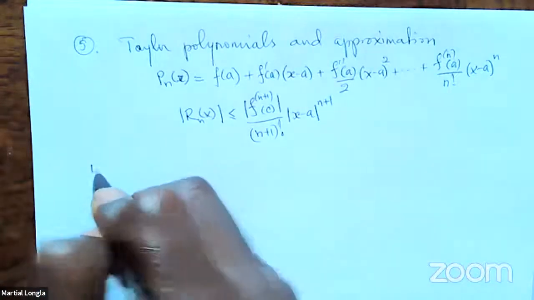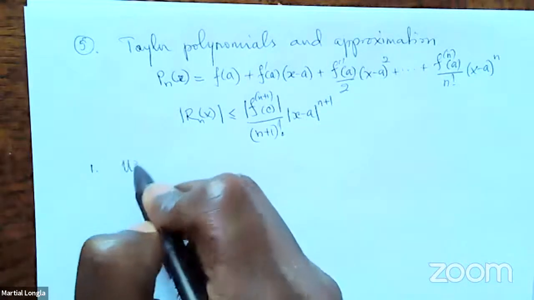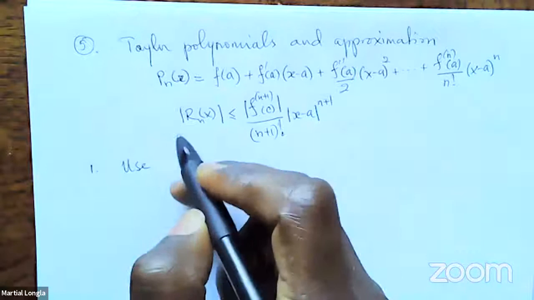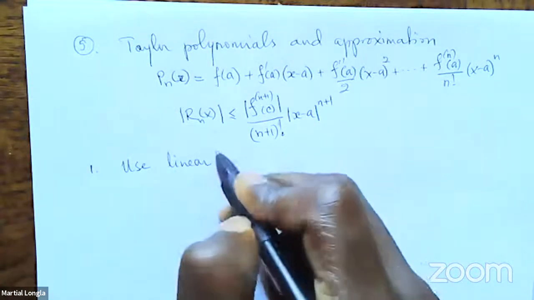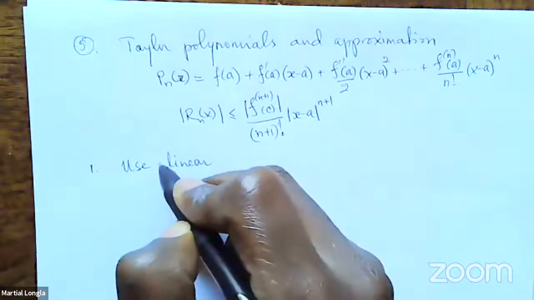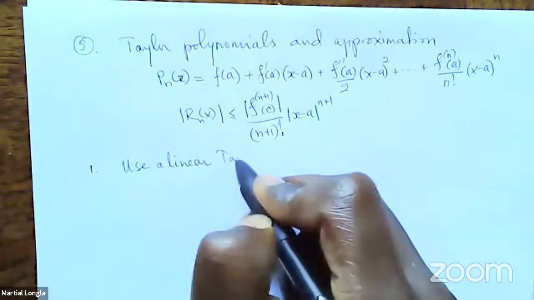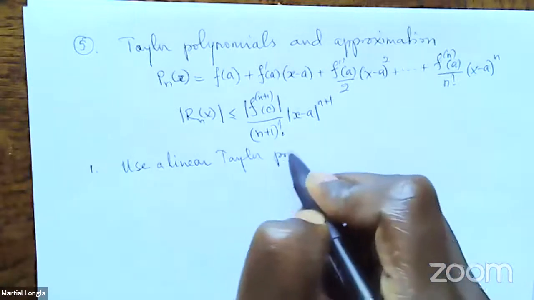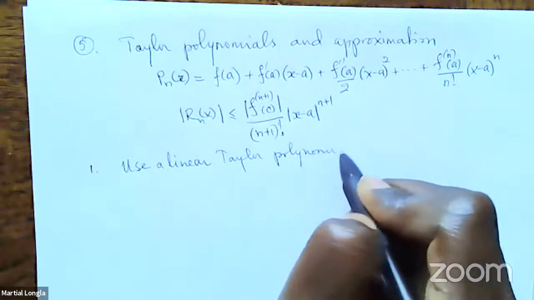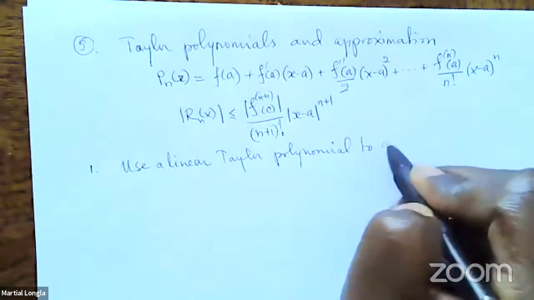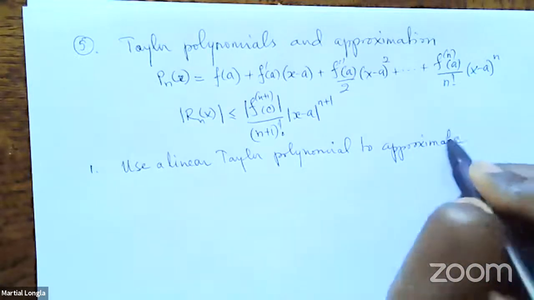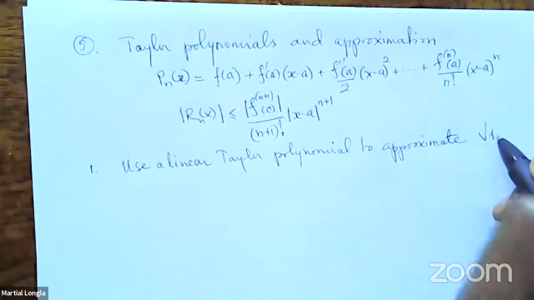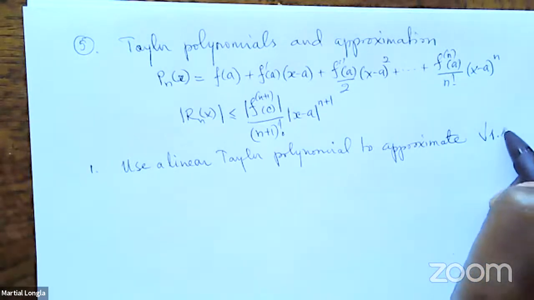Any question could be: use the linear Taylor polynomial to approximate the square root of 1.1.